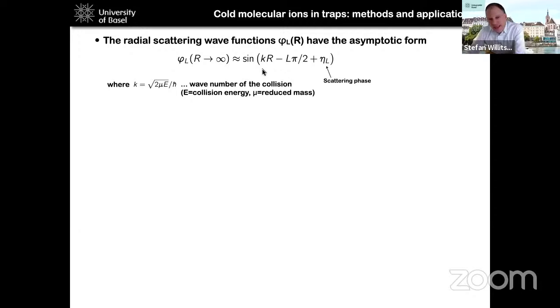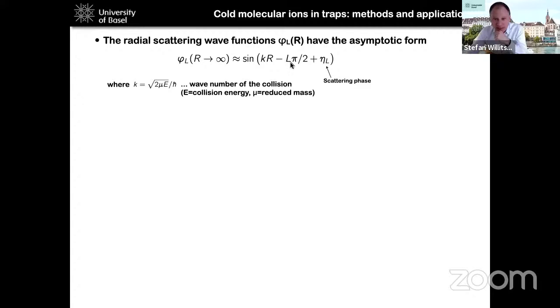So what we see here is that it's this sine function, right? And it has as arguments a term k times r. That is a bit reminiscent of what we also get for a free particle wave function. But then we have here two phase shifts, effectively.